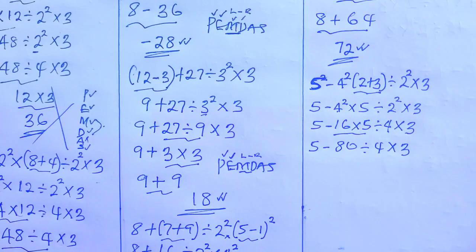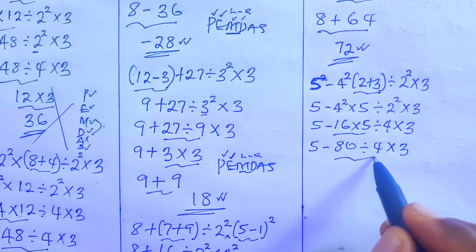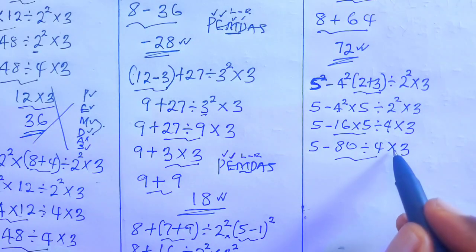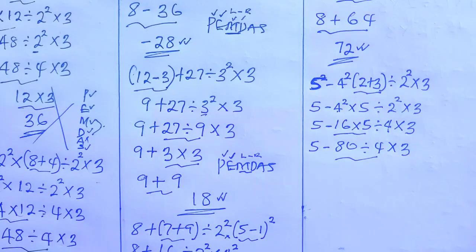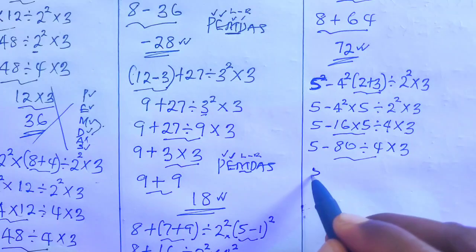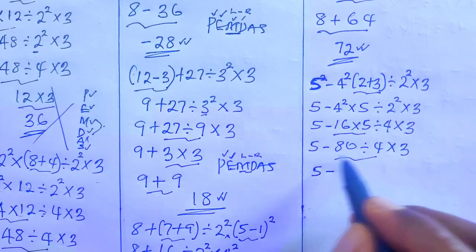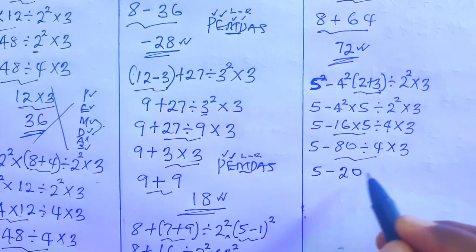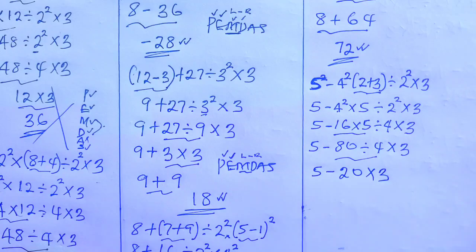And the next order to be considered is division, because division is higher priority than multiplication right here. And we are going to have here 80 divided by 4, that should give us 20, and we have here 5 minus this, that will give us 20 multiplied by 3.